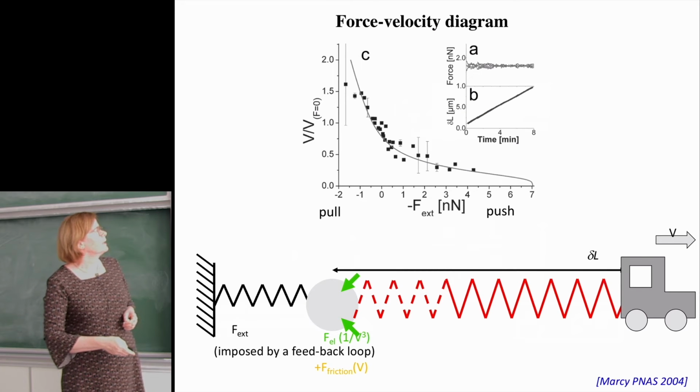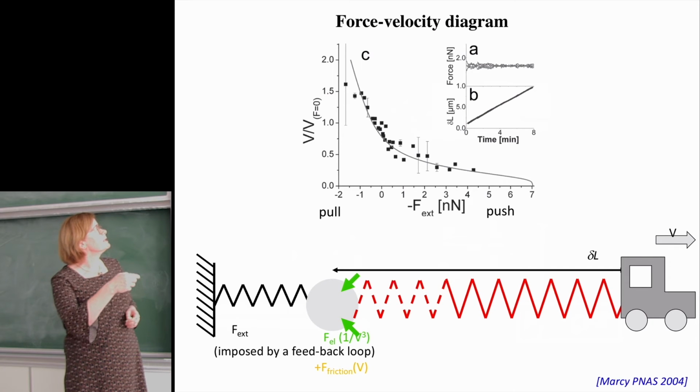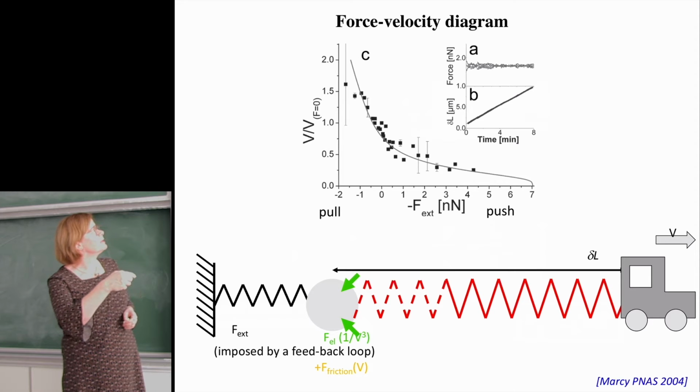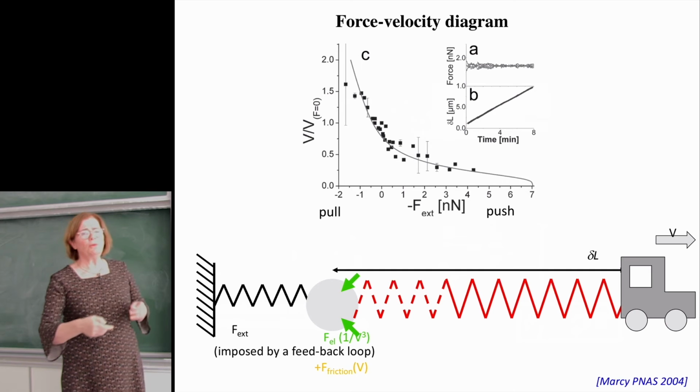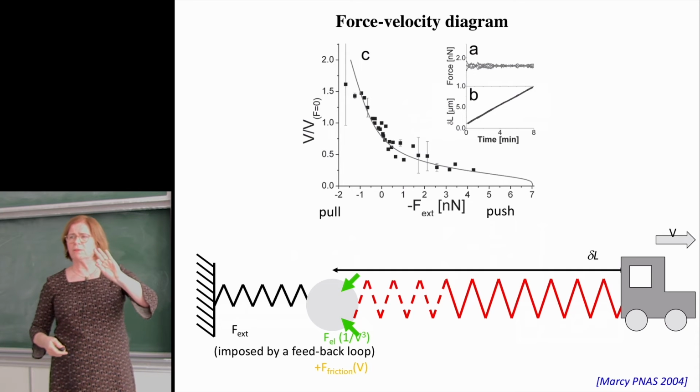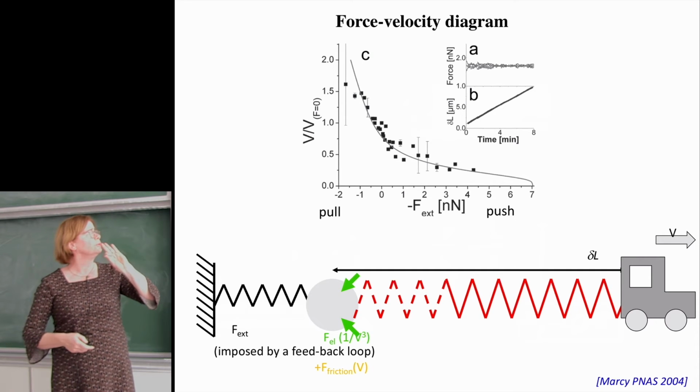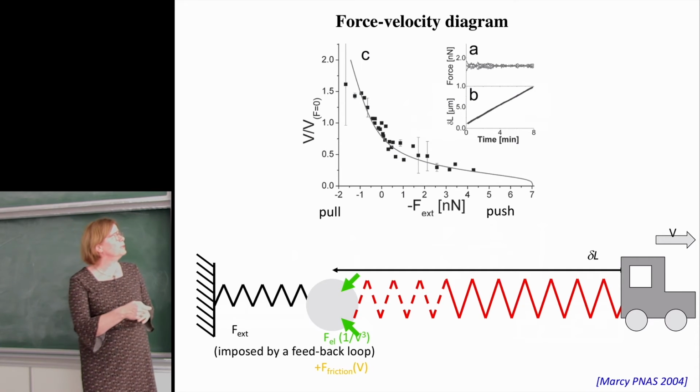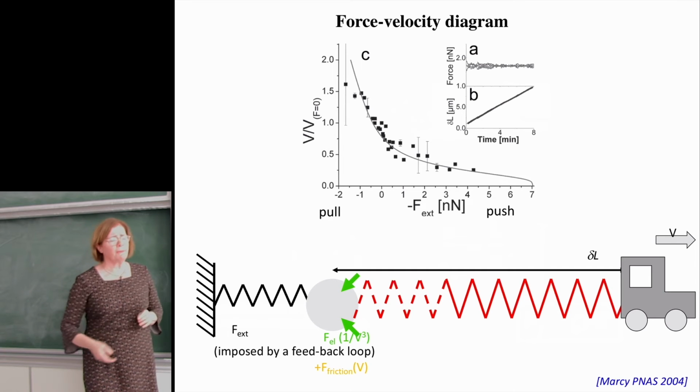And so if we write this in this condition, we obtain this line here. This is velocity as a function of force. And we can derive that the stall force, the force that is necessary to apply to stop this bead from moving, is about 7 nanonewton.